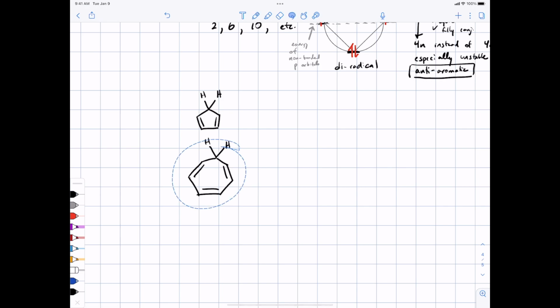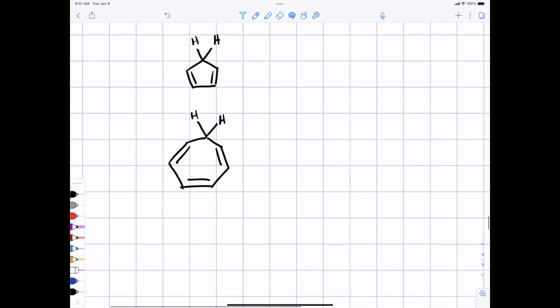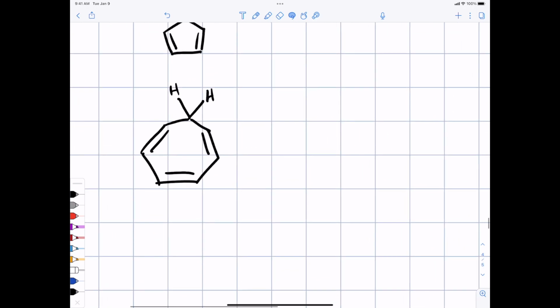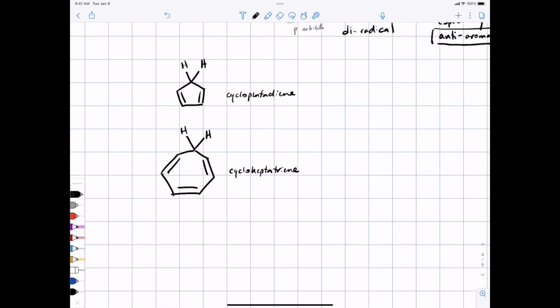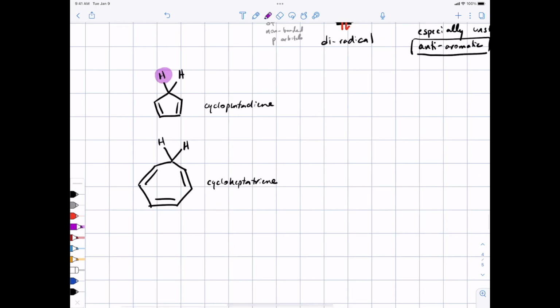Students in previous semesters have likened my 7-membered rings, cycloheptatriene, to a sad robot. Although I guess the 5-membered ring looks kind of sad too. I don't know. Maybe evil robot. Anyway, without telling you pKa numbers, which of those two is more acidic?